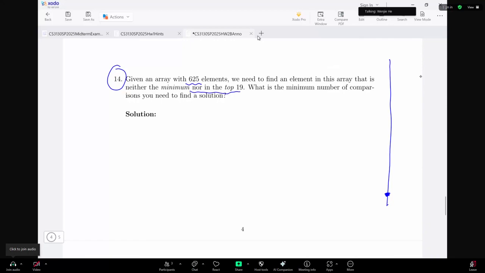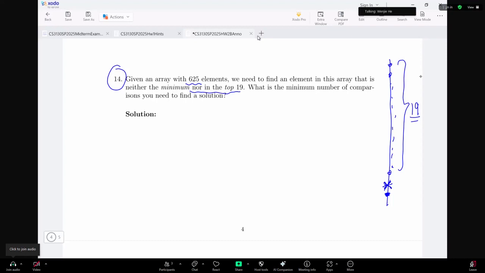So above that element, we need at least 19 elements. Okay? So we need to have at least 19 elements above that right one. So suppose this is the right one. Below, at least 19 elements.